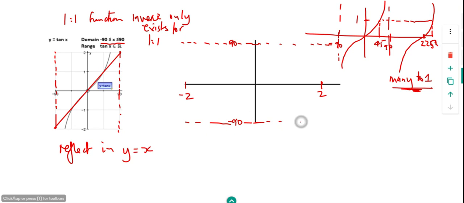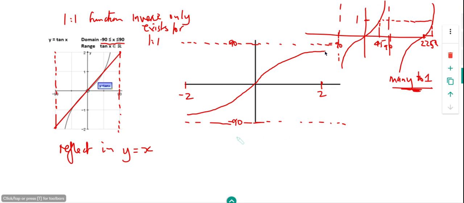Once we've got those on, it becomes a lot easier to draw because they become horizontal asymptotes. So now this line is going to approach the horizontal asymptote at infinity, go through 0, and also approach the horizontal asymptote at minus infinity. So it's going to look like that.